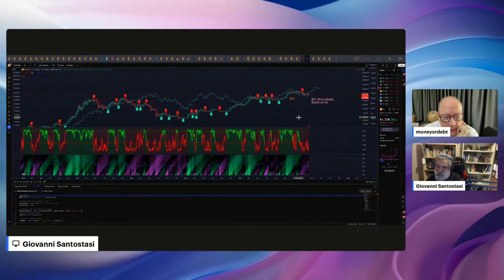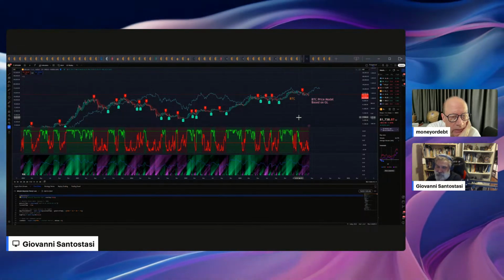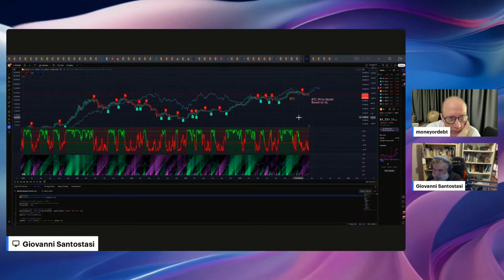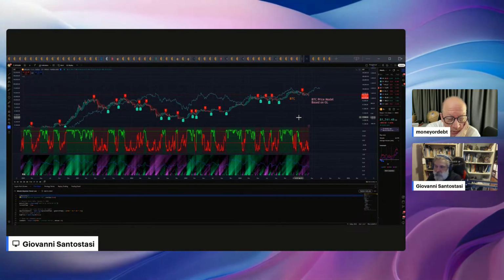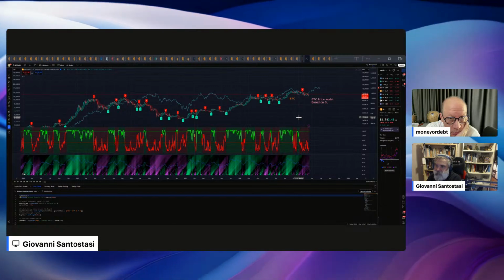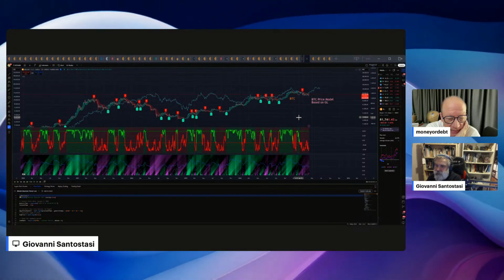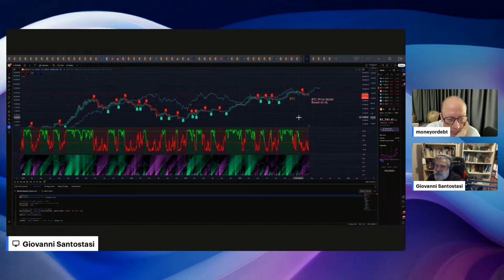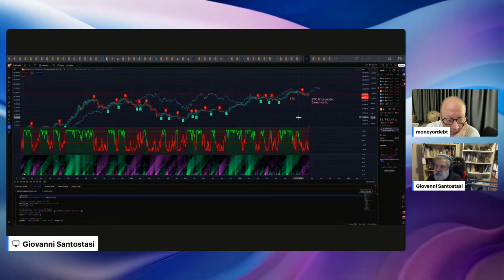Well, yeah, I think that's generally right. Liquidity is a driver long term. We know that. We see that. He gets a high R squared. I get a high R squared.